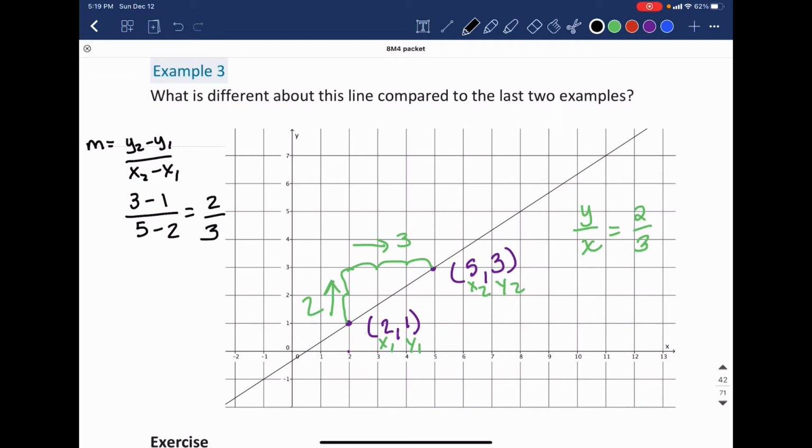So my fraction would be a decimal and not a whole number. So this is a much shallower slope than the other ones. The other ones were much steeper. So this means that my m is 2 over 3, which means up 2 to the right 3.